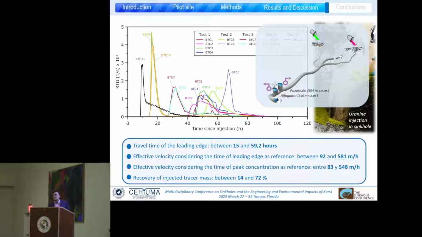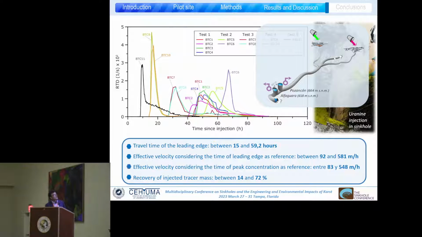Obviously, the result depends on the hydrodynamic condition, and also on where the injection has been done. But at least we can build a conceptual model of how this aquifer functions, with several karst conduits, major conduits, connecting with the most important one, that is supplying both Ancon and Alfaguara karst springs.